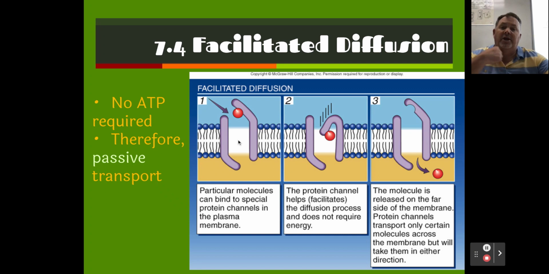And so in this case, if you look at the red dot, it's maybe like a protein, that the only way it can go from areas of high concentration to low concentration is with the aid of that protein. And that's what you're seeing here. There's no energy required. And therefore, we refer to this as kind of a passive type of transport. Passive meaning no energy is required.